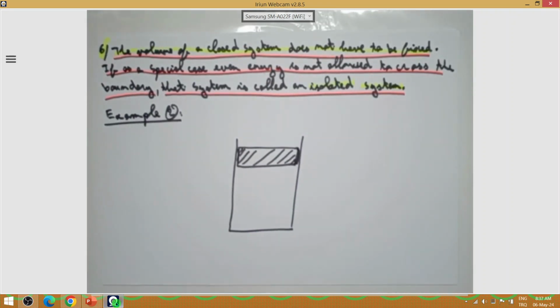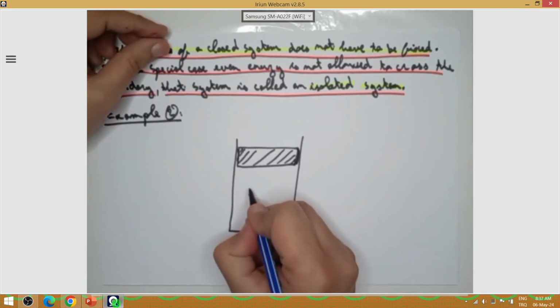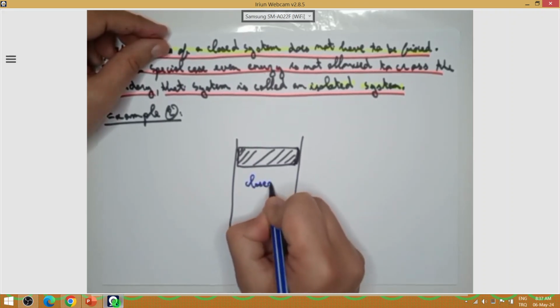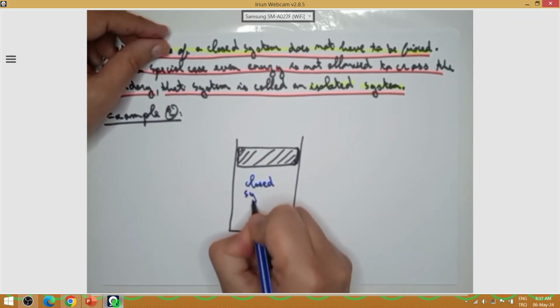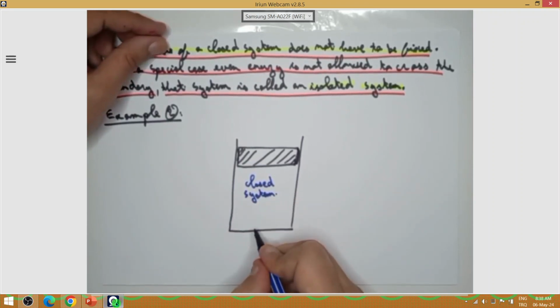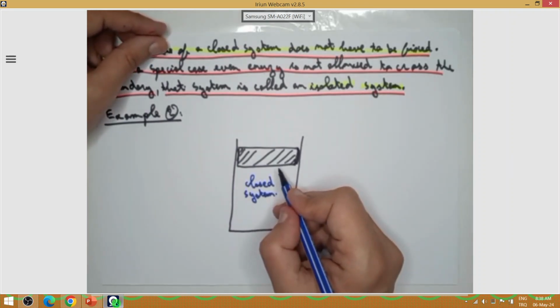So this system we can call a closed system. Why is it a closed system? Because no mass is allowed to enter or to leave this system.